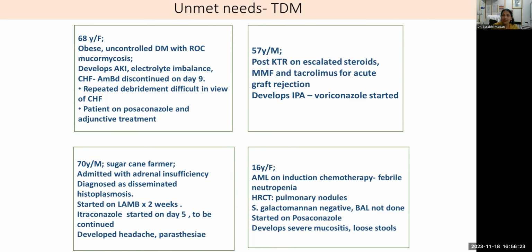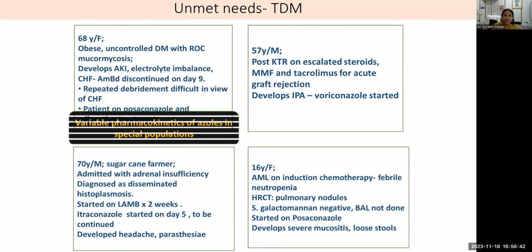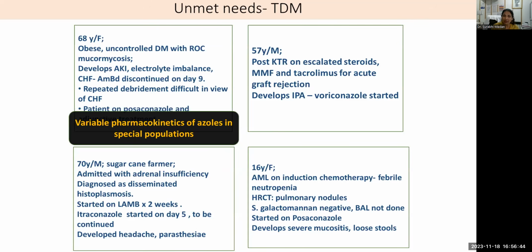You may have various scenarios where therapeutic drug monitoring is extremely important. For example, a diabetic patient with mucormycosis who develops acute kidney injury, and you have to stop amphotericin B and juggle with the azoles, there you have variable pharmacokinetics of azoles in this kind of special population.